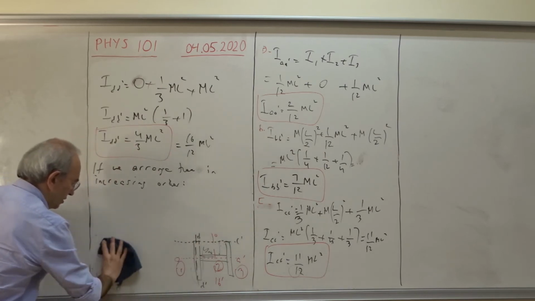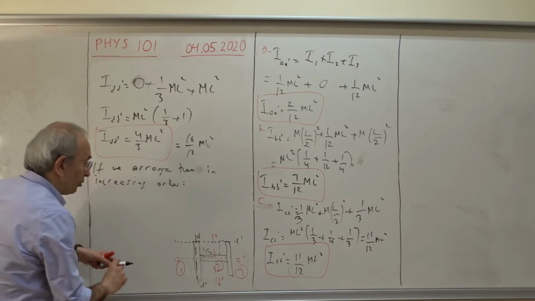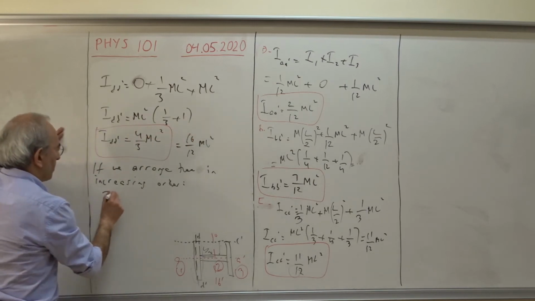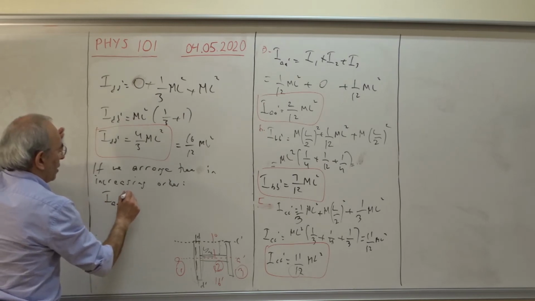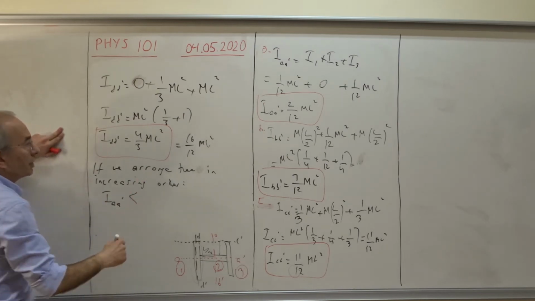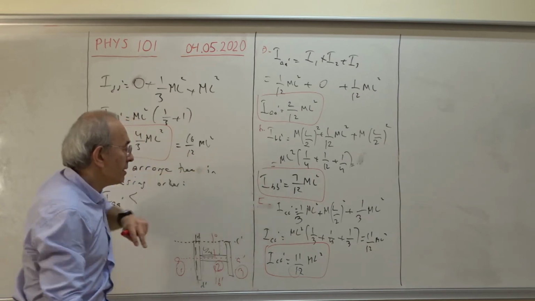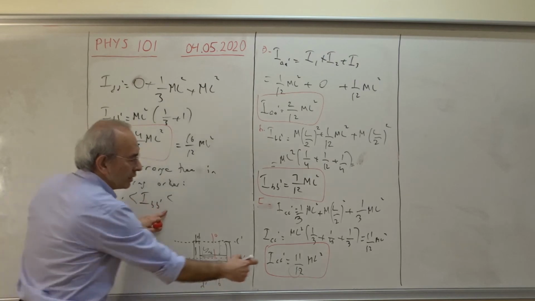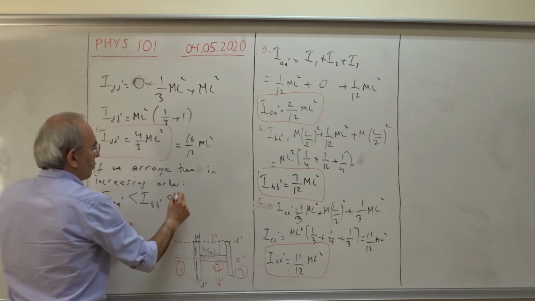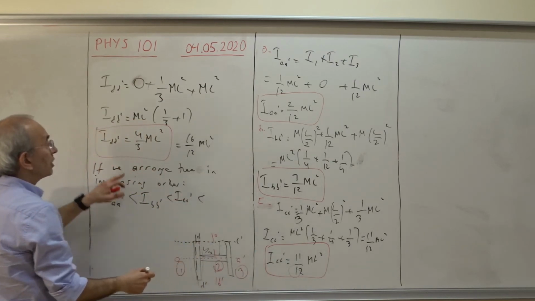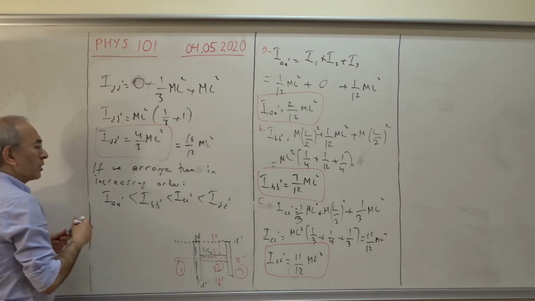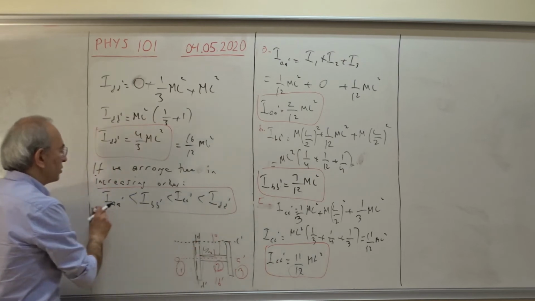Let's also keep these axes on the board. The smallest one is IAA prime. In increasing order, the next one is BB prime. Next one is 11 over 12, CC prime. And the greatest one is DD prime. So this is the increasing order.